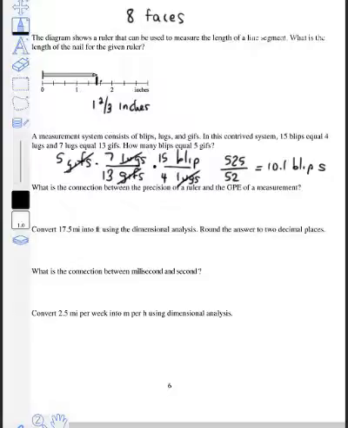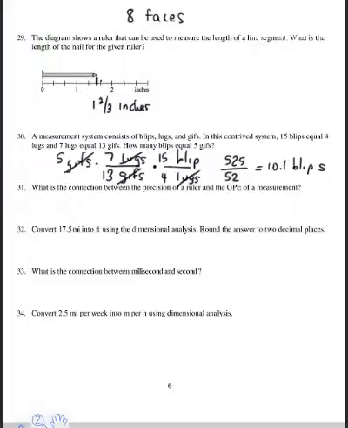And that's going to happen, depending on how precise your measurement tool is, there's going to be some rounding. And so you either round up if it's more than a half, or you round down if it's less than a half. I'm talking about halfway between one of these tick marks here.